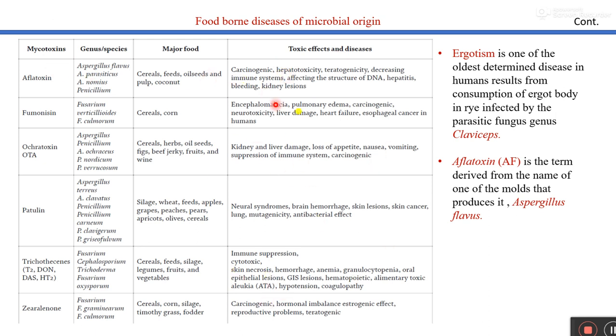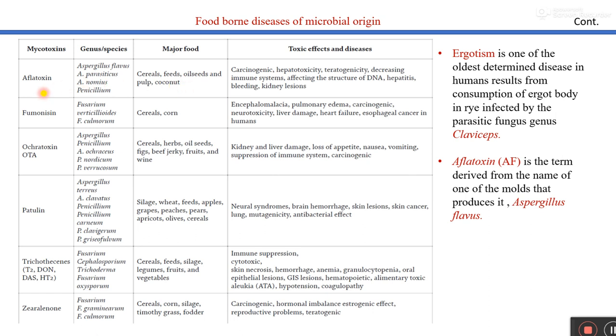So the most important mycotoxin is aflatoxin, and aflatoxins are generally secreted by Aspergillus flavus, Aspergillus parasiticus, Aspergillus nomius and Penicillium. And these fungi generally grow in foods such as cereals, feeds, oil seeds, oilseed pulp and coconut.